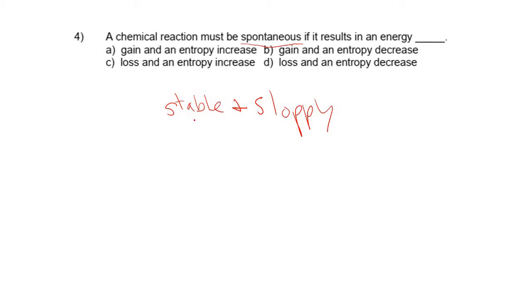So what is going to be stable? You want a low PE, low stored energy. So when do you get a low stored energy? When there's a loss of energy, which is exothermic.